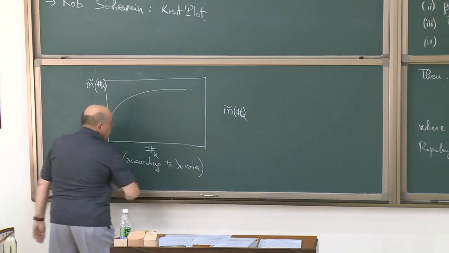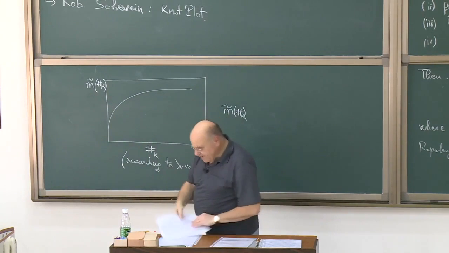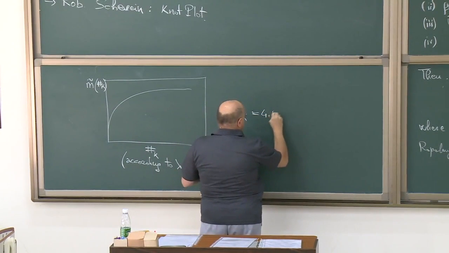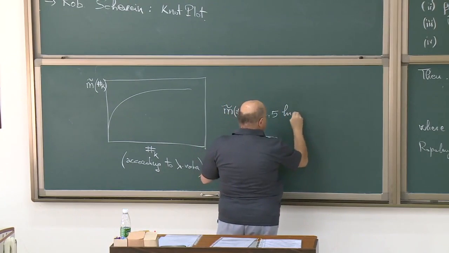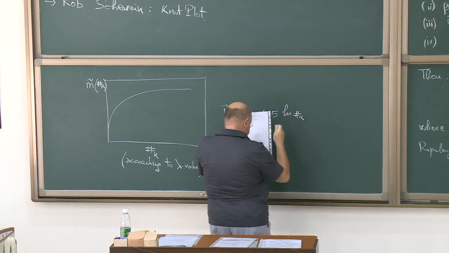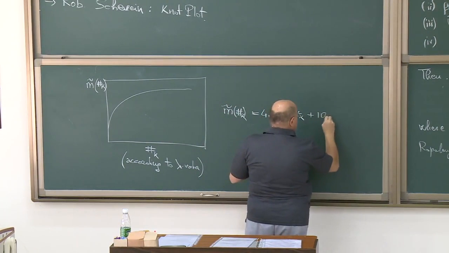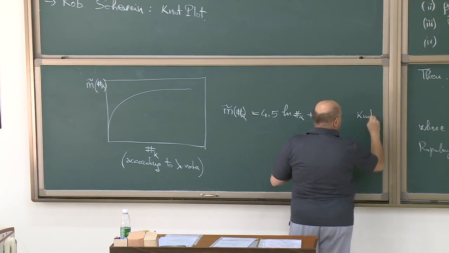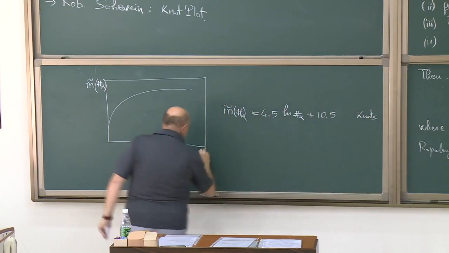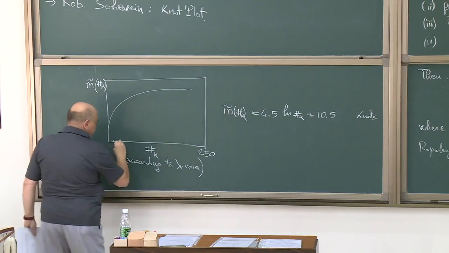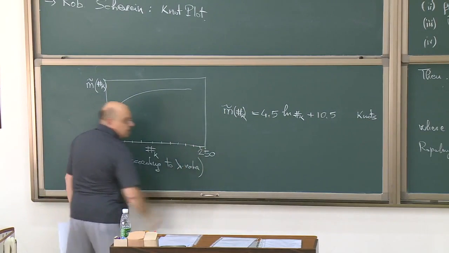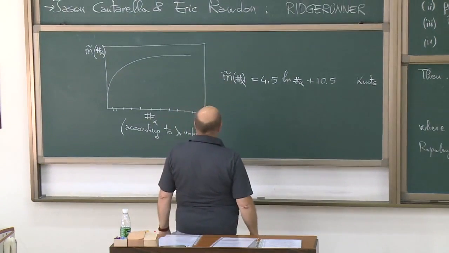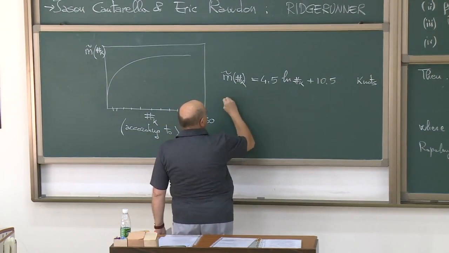The function is an empirical one: 4.5 times the logarithm of the position of the knot, plus 10.5. How many knots? We have 250 knots that have been computed using Ridge Runner.